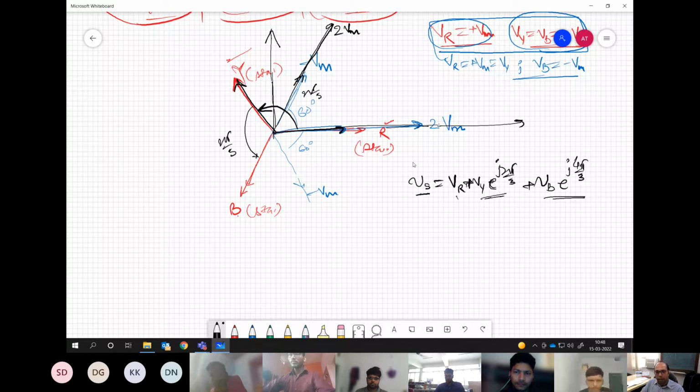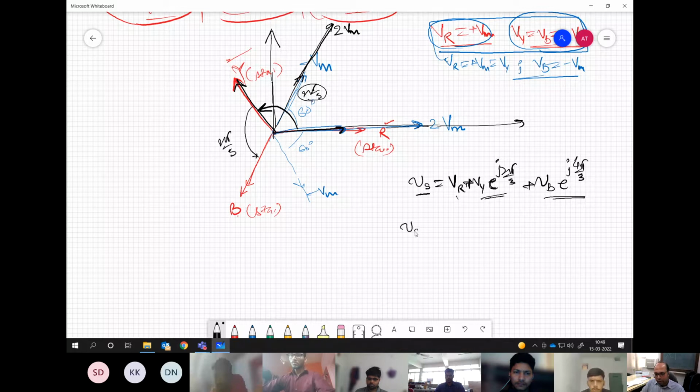Every counterclockwise rotation by 2 pi by 3, or any theta, is just the unit vector e raised to the power j theta getting multiplied to that vector. Magnitude remains the same. So you can solve by this method also.